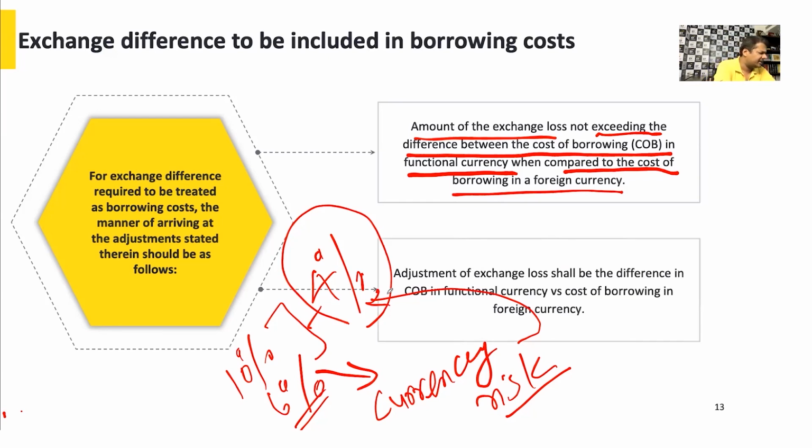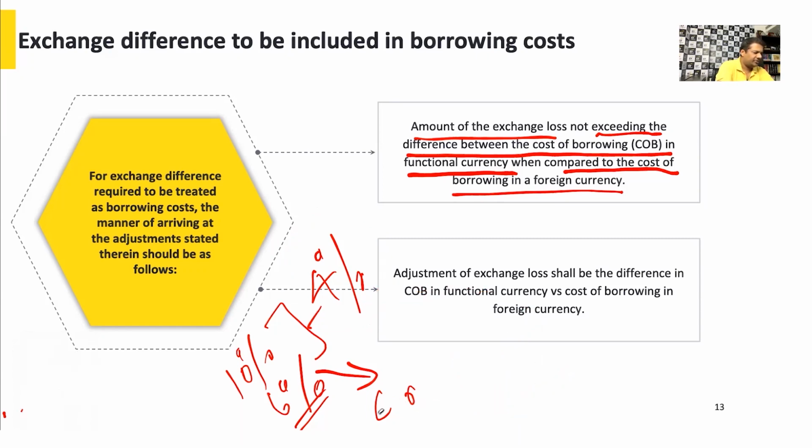Now, the adjustment on account of exchange loss shall be the difference in your cost of borrowing in functional currency versus cost of borrowing in foreign currency. Let me just clean this for you so that you can see this.